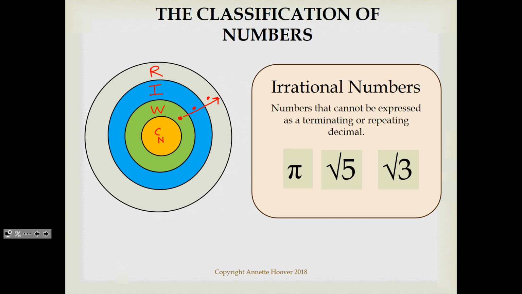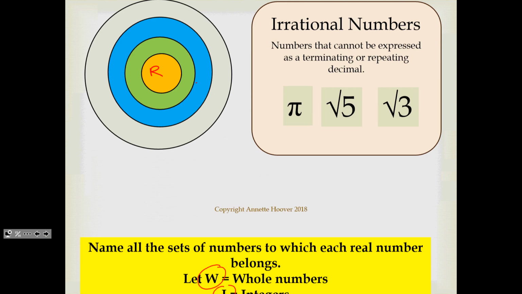It's also a rational number. Now, if it happens to be a negative, like a -3, that's an integer, so it would be an integer and a rational number. If it is a fraction or a repeating or terminating decimal, it's just a rational number. So if you can find what circle it belongs in, then you just work your way out to determine all the sets that it's a part of.